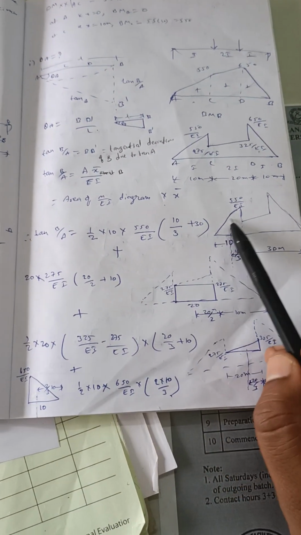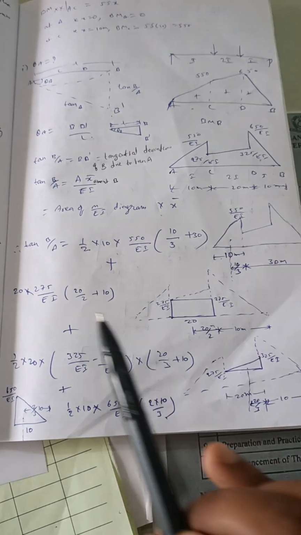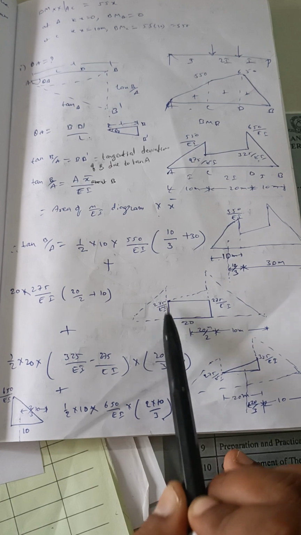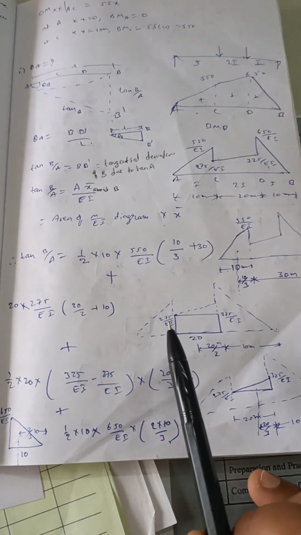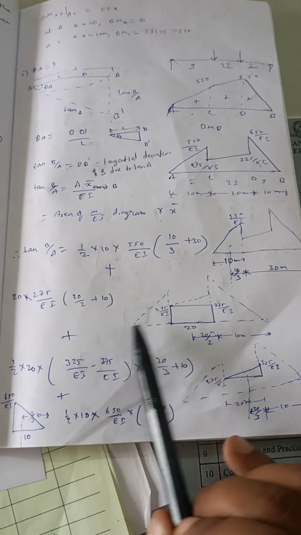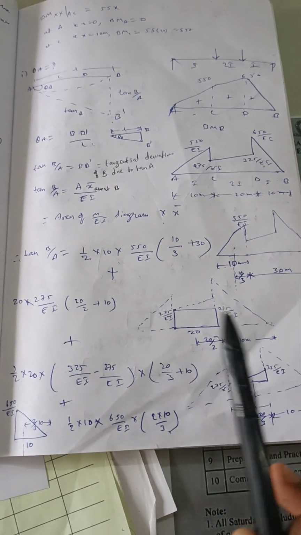This completes the first portion. Now let us see the second portion, this rectangular portion. Area is length into breadth, 20 into 275 by EI, into 20 by 2 plus 10.